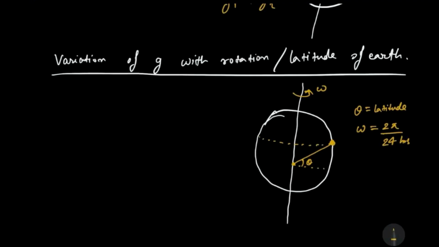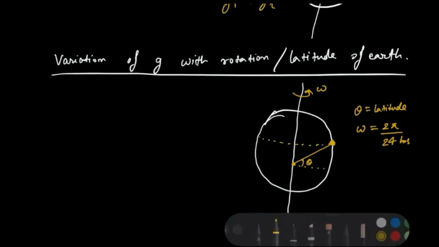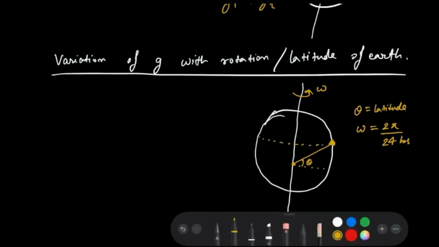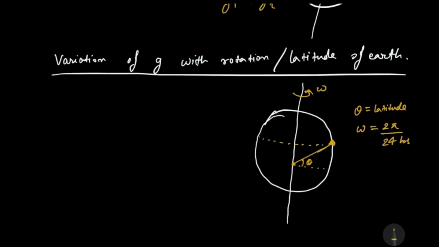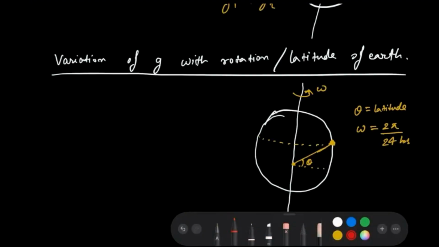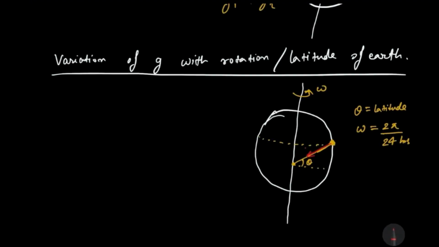Fine. Now let's look at this point and see what are the forces acting on it. So one force that is definitely acting on it is G, the pull of the Earth. This pull of the Earth, right? It's pulling it. This is the center of the Earth.